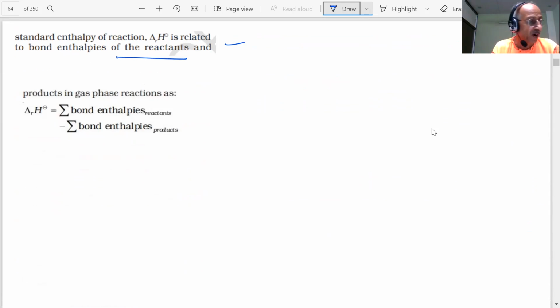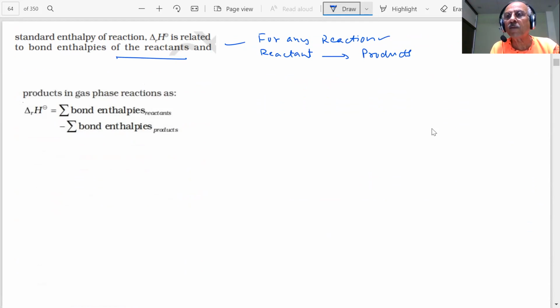For any reaction, students, this is important. In any reaction, what happens? You have reactants, and you have products. The reactants, what will happen?